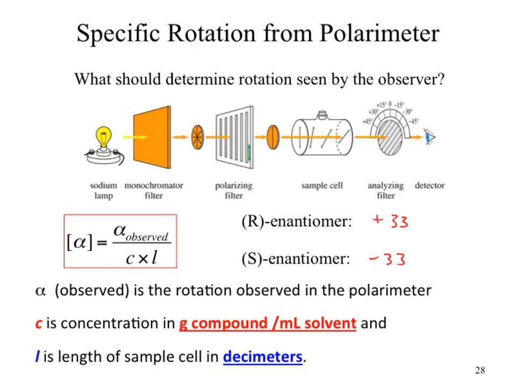C is our concentration in units of grams of compound per milliliter of solvent. What unit system is that? I have no idea. I mean, it's not density, because density is grams per milliliter of the same compound. Compound versus solvent. Okay? So it doesn't really match any kind of unit system.